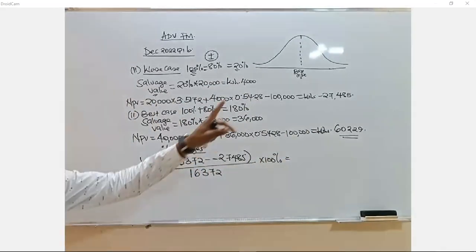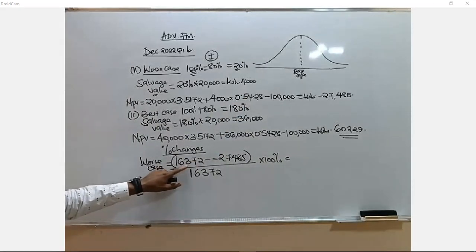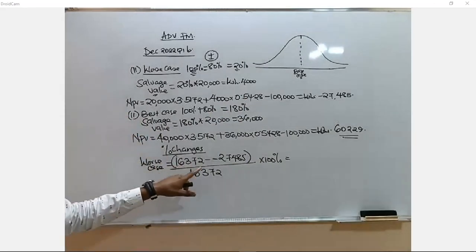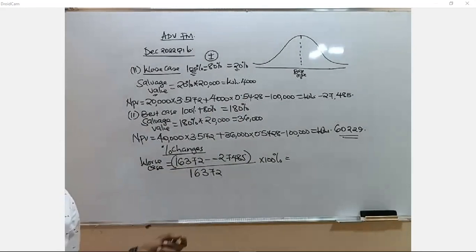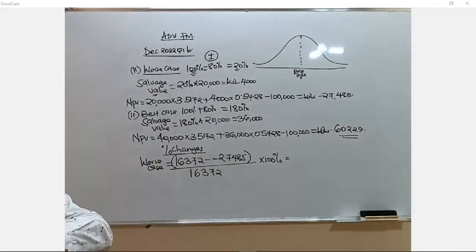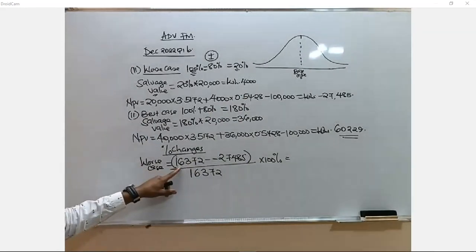NPV ndio tulipata pale juu for the first requirement. So 16,372 was for the most probable because the examiner anakuambia uitumie. So that is why we are saying a sensitivity analysis of the salvage value or the variable changes when we are using the base case. That is when nimetumia NPV yake.